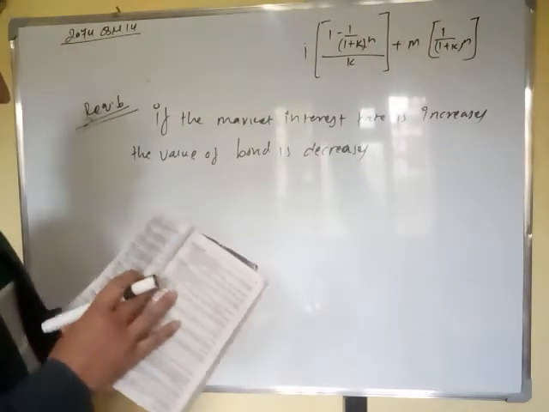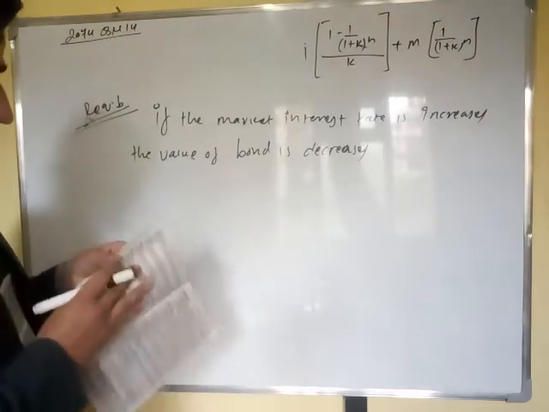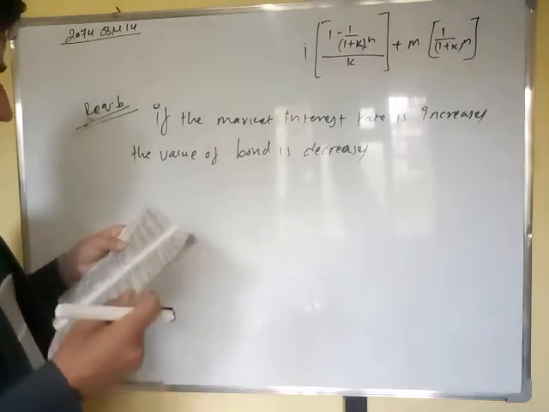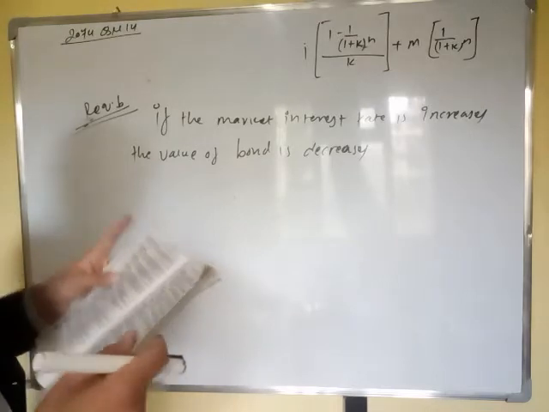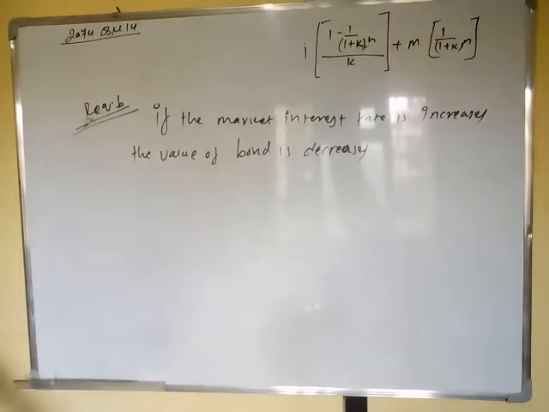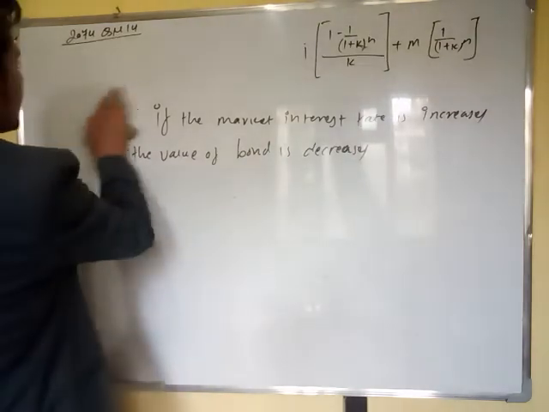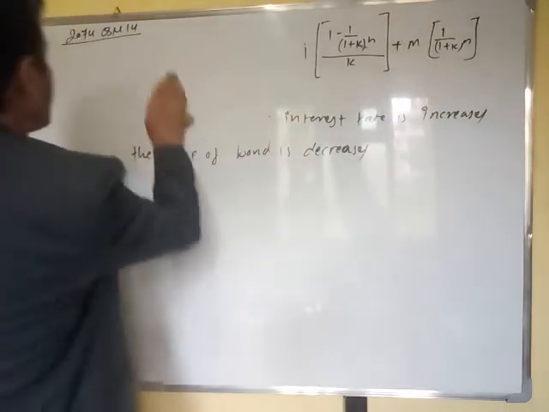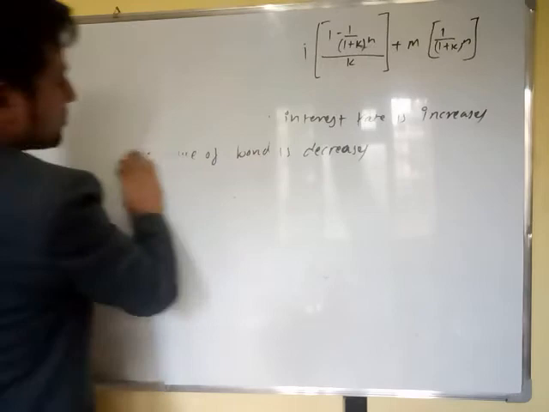Okay, next question we have 2073 second year, question number 7a. Write down bond selling price.